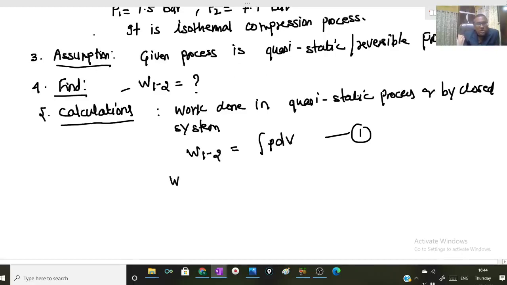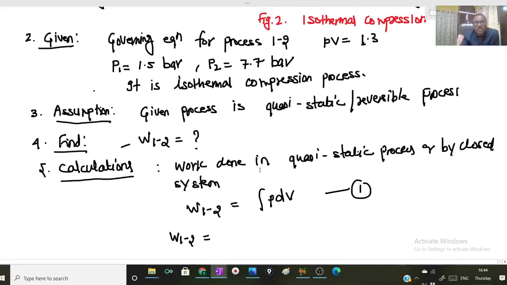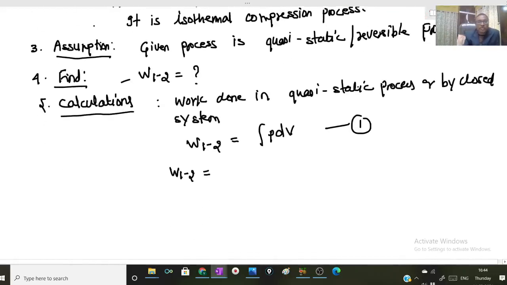So W1 to 2. Now replacing this P from the governing equation, PV is equal to 3, it will be 3 dV over V, integration from V1 to V2.